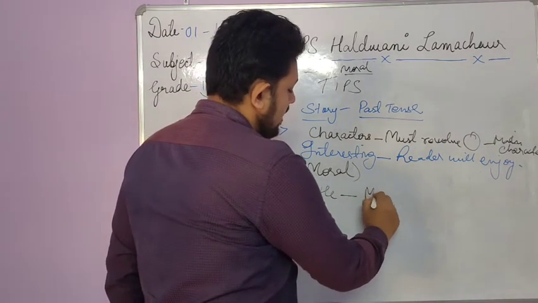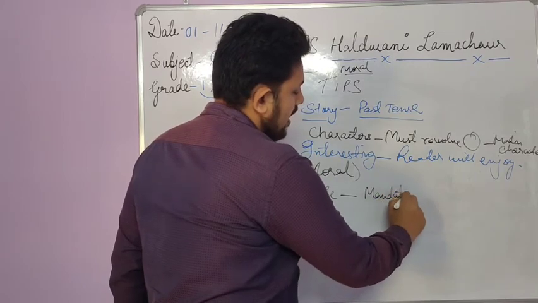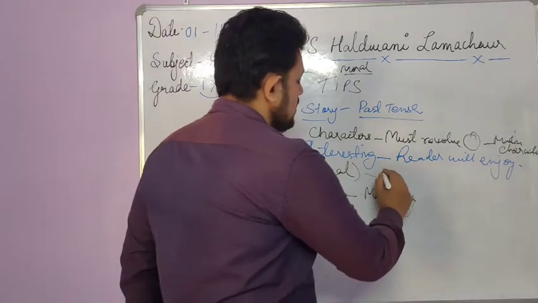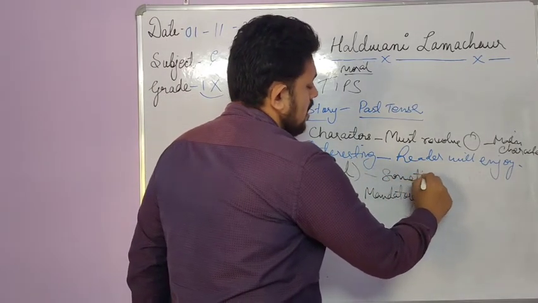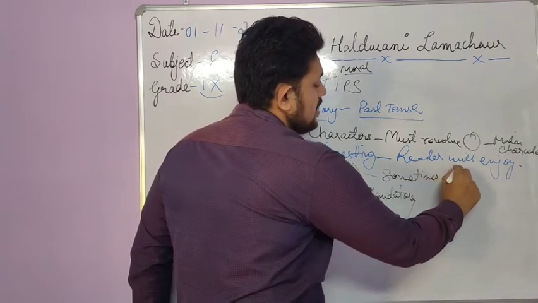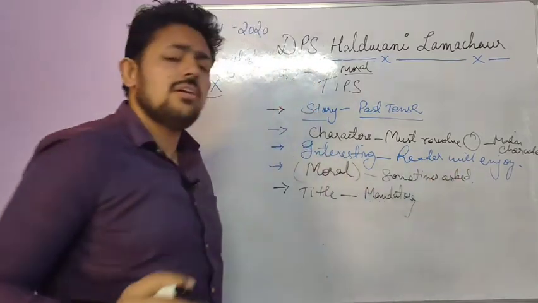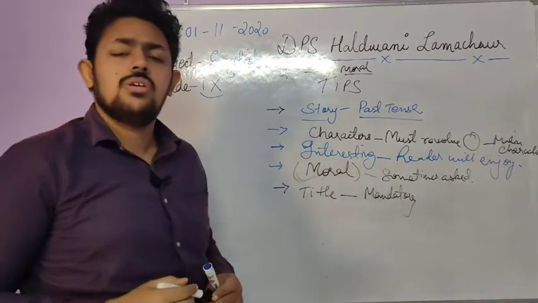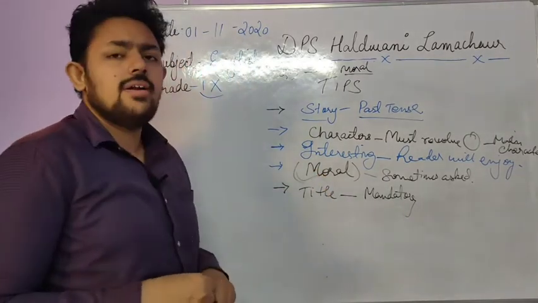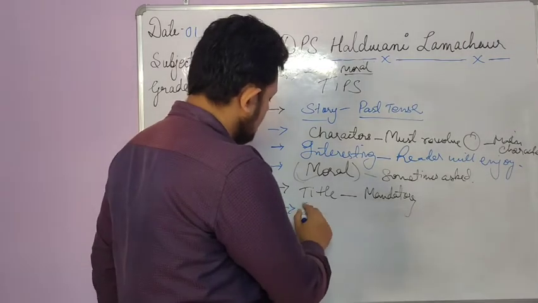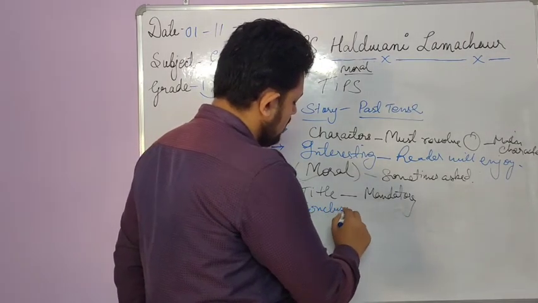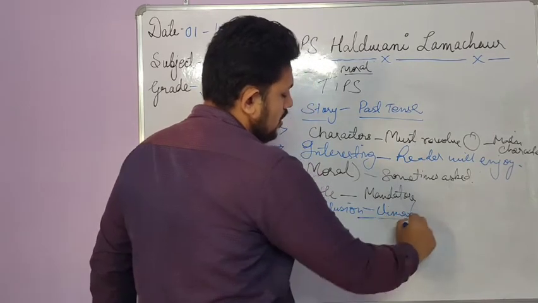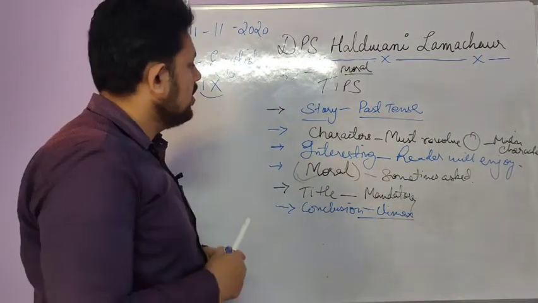This is mandatory. And moral, this also is sometimes asked in the question, and I suggest you kindly always give a nice moral to your story. And a good conclusion must be there. The climax must be very interesting in order to keep your readers with you.